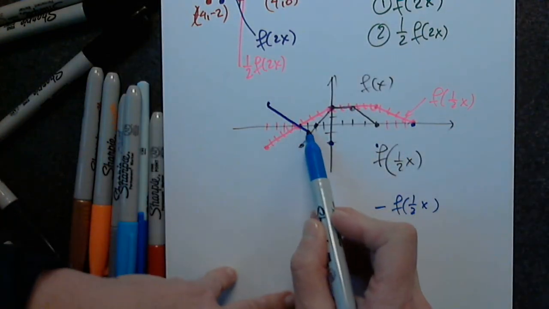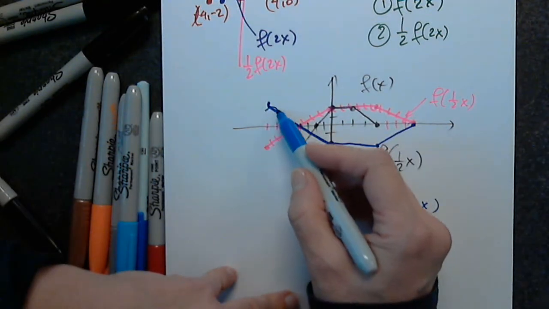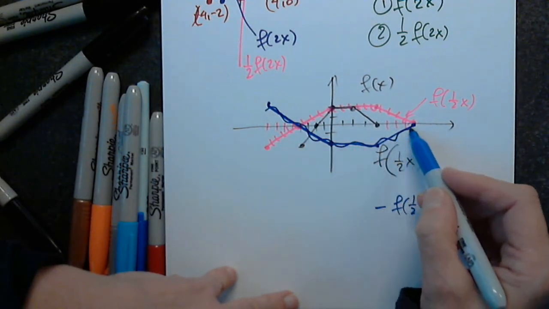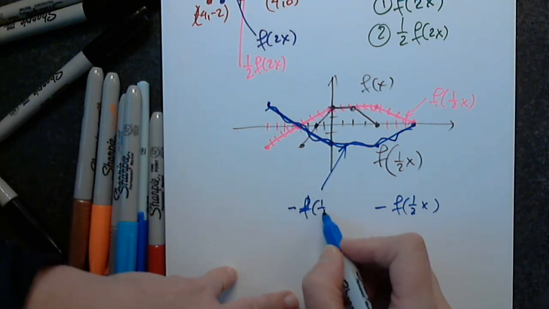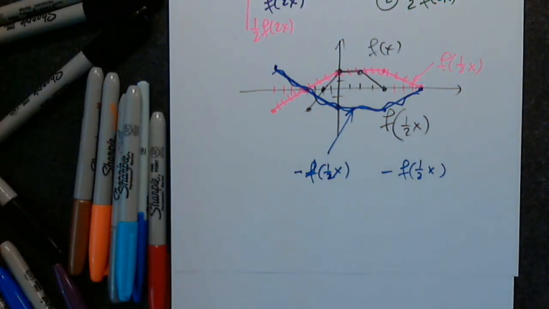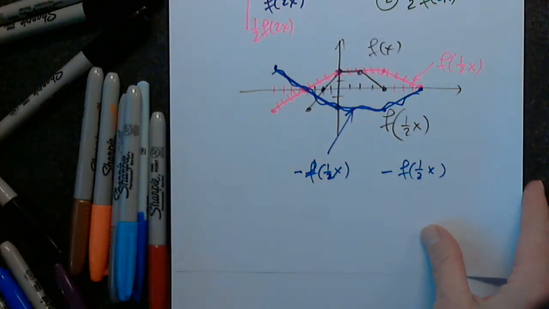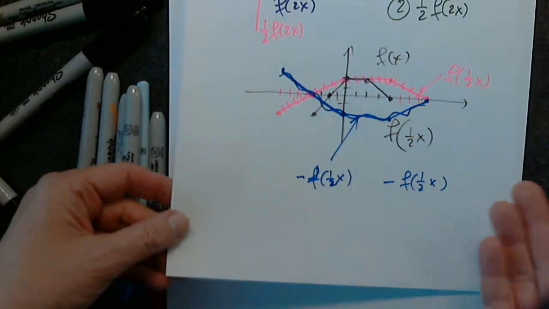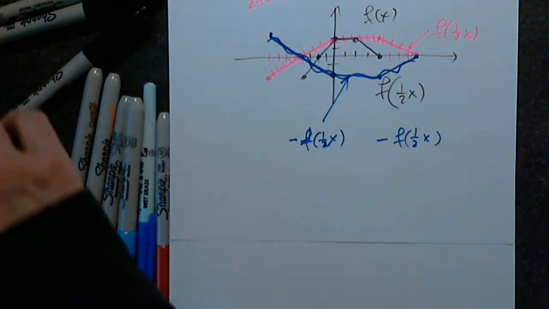So this graph is the graph of negative f of 1/2 x, because it has an extra transformation. It has a minus in front. And of course, we can go on forever. We can add, subtract. We can change a lot more here.